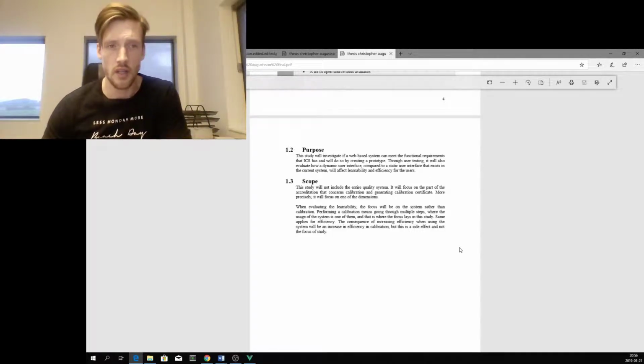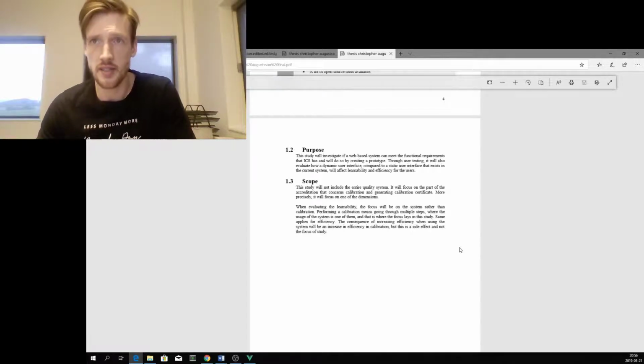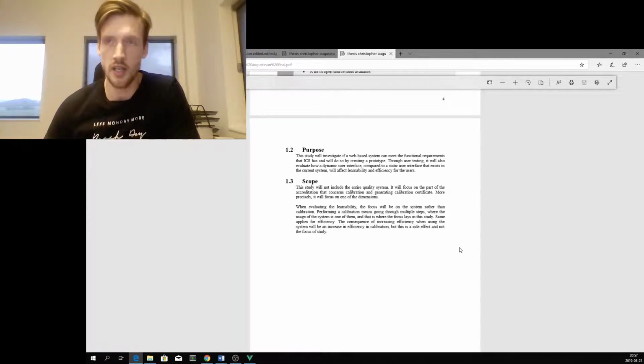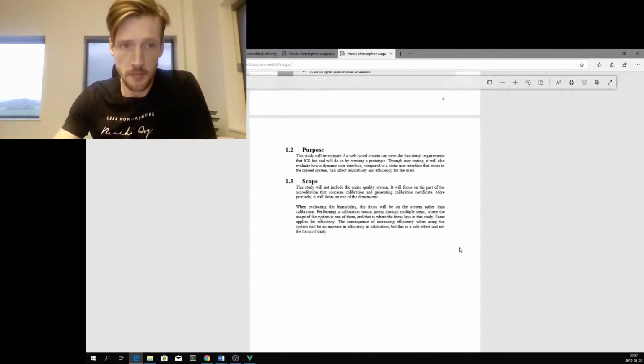And also during these user tests it evaluated the dynamic user interface of the prototype and compared it to the static user interface of the current system, and saw how these different types of interfaces affect the learnability and efficiency for the users.